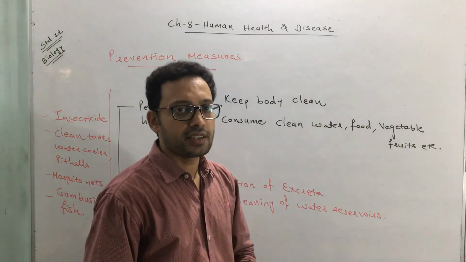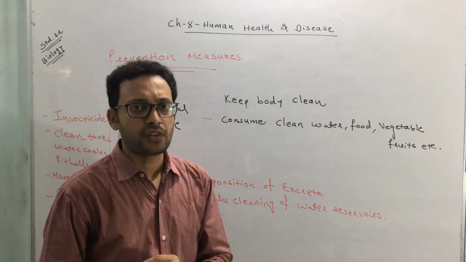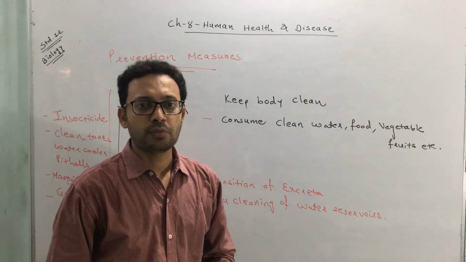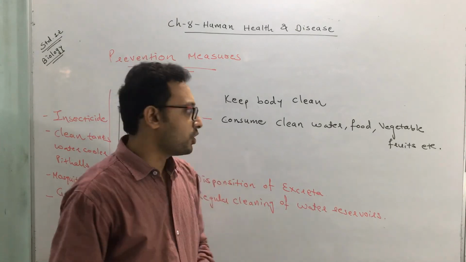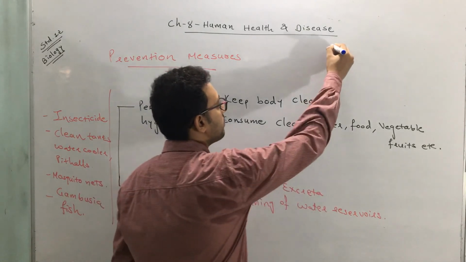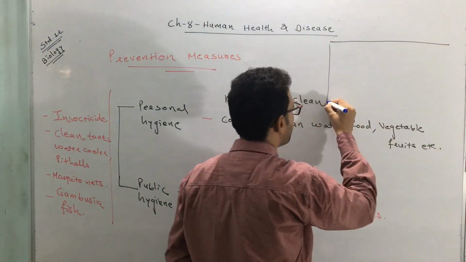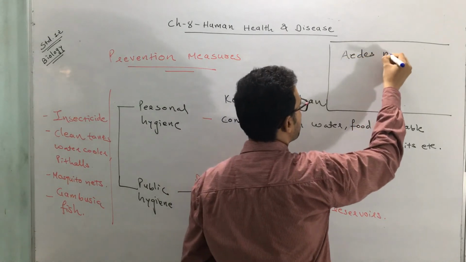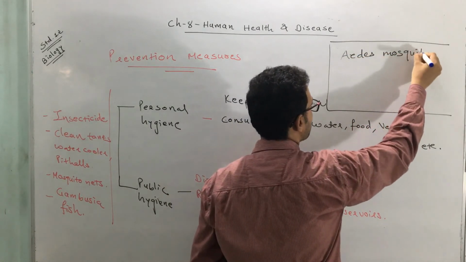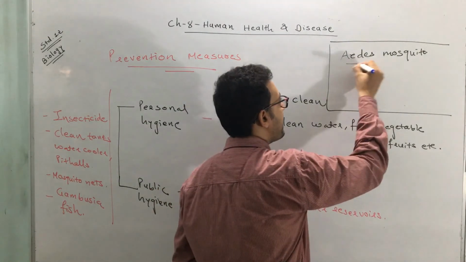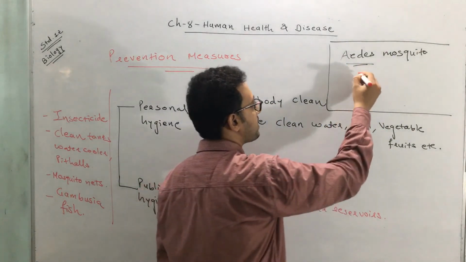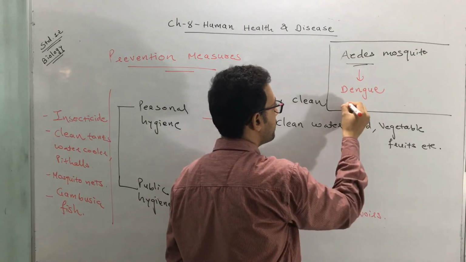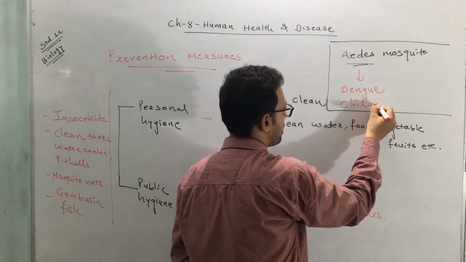I will also tell you about another mosquito which is responsible for causing disease. You know the female Anopheles mosquito is responsible for causing malaria, but you also have to remember this mosquito name. This is another mosquito, and its name is Aedes mosquito. The Aedes mosquito is responsible for causing dengue and chikungunya.